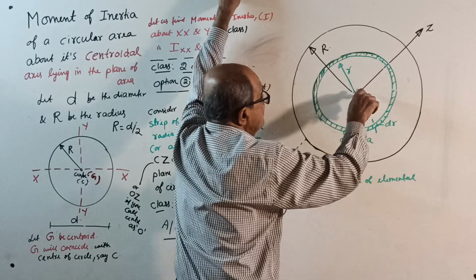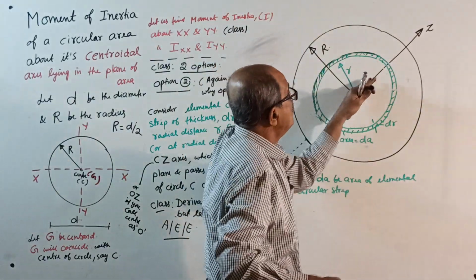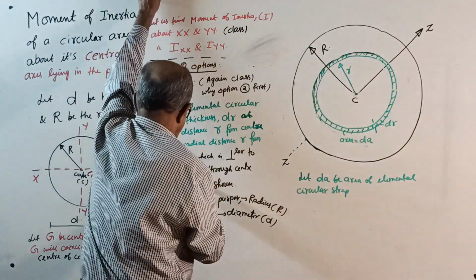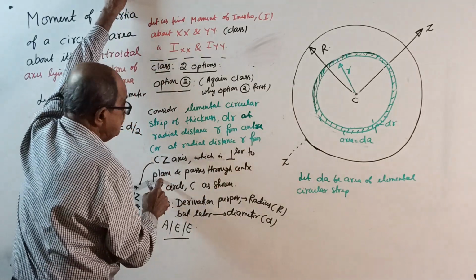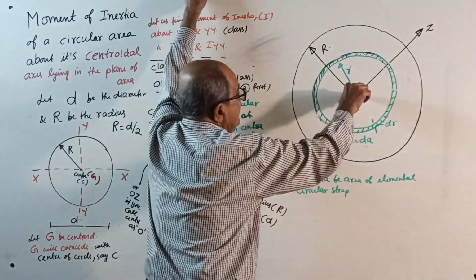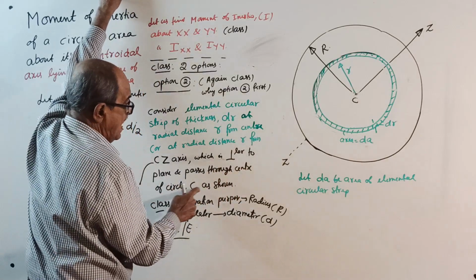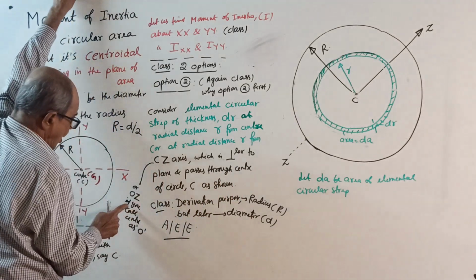Center means an axis passing through the center. The CZ axis is perpendicular to the plane and passes through the center of the circle as shown.